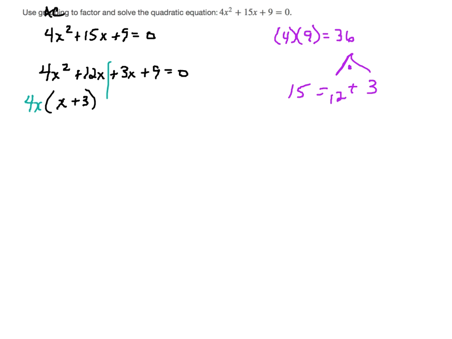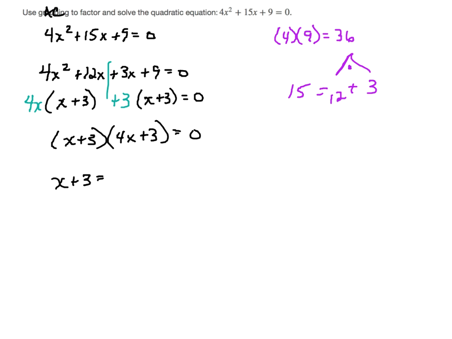And I'm left over with an x and a positive 3. My next side has a positive 3 in common. And I'm left over with x plus 3, and that equals 0. So x plus 3 times 4x plus 3 equals 0.